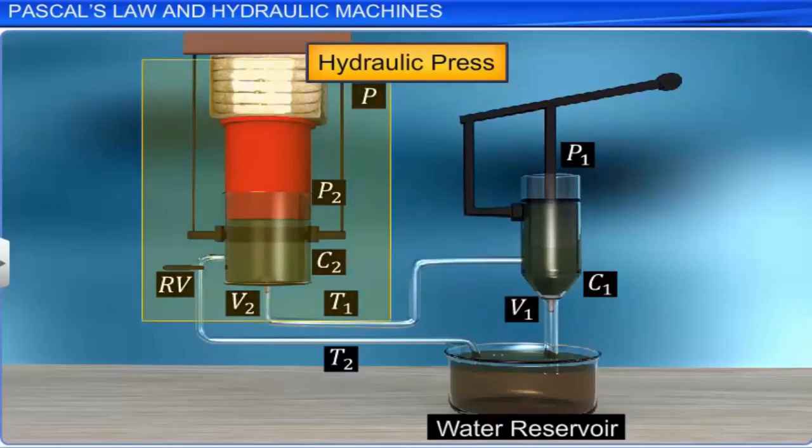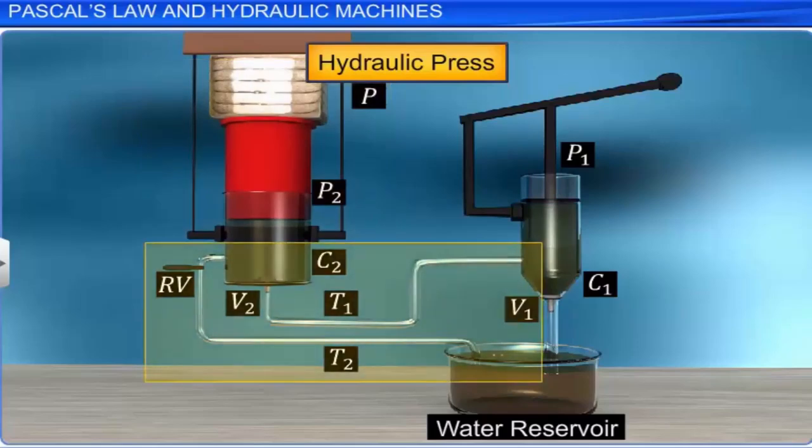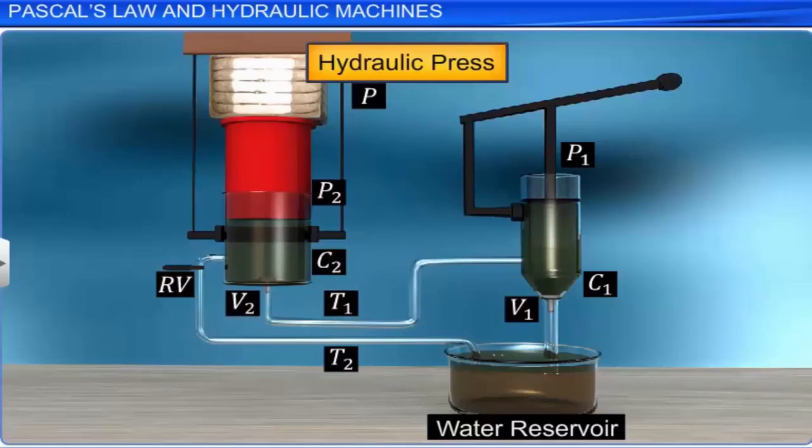A hydraulic press consists of two cylinders, C1 and C2, fitted with pistons P1 and P2, and valves V1 and V2 connected with tube T1.